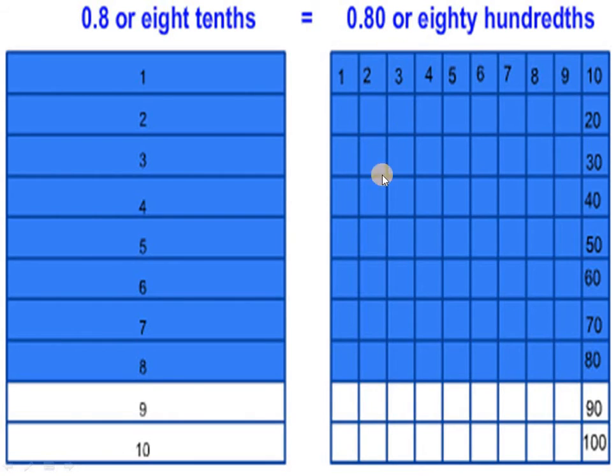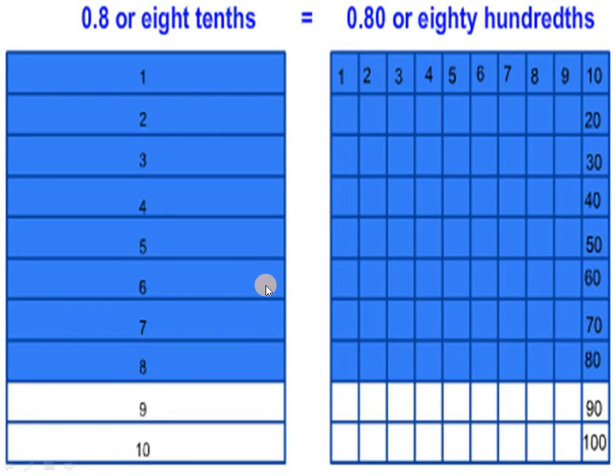Children, draw a 100 table like that, and you have to color 80 parts. So you color one strip, which means 10, then 20, 30, 40, 50, 60, 70, and lastly 80. So 80 out of 100 parts you have colored.